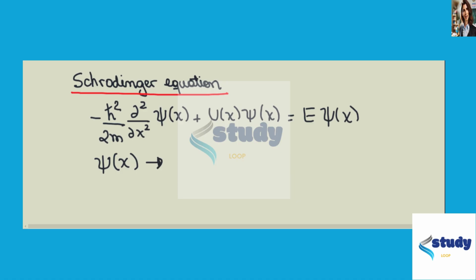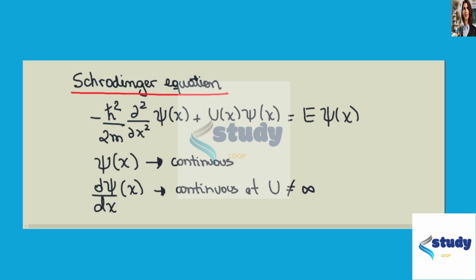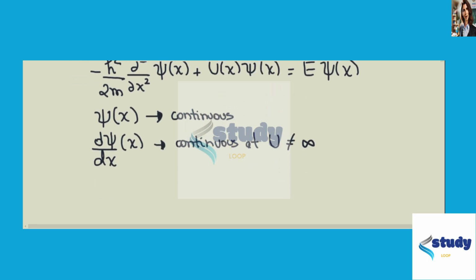So we have the conditions that the wave function must be continuous at all points, and that at points where the potential energy is not infinite, the derivative must also be continuous, at U different from infinity. Okay, so now we are in a position to move on to our exercise.